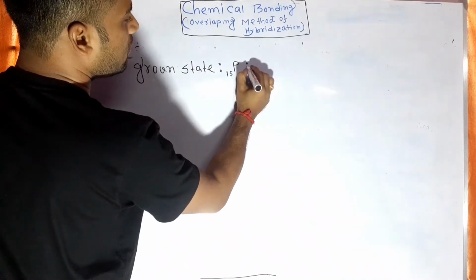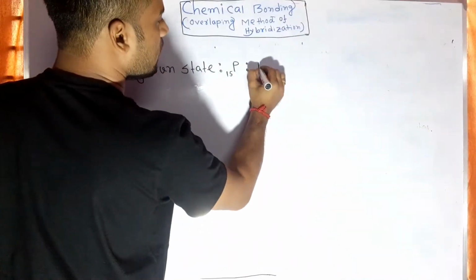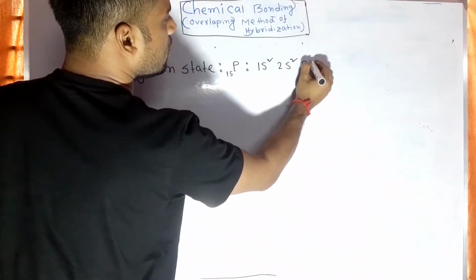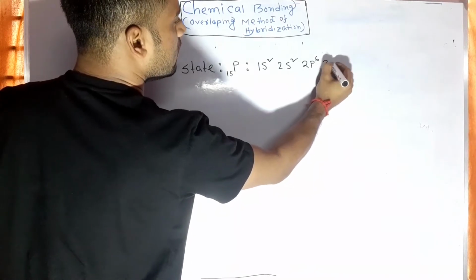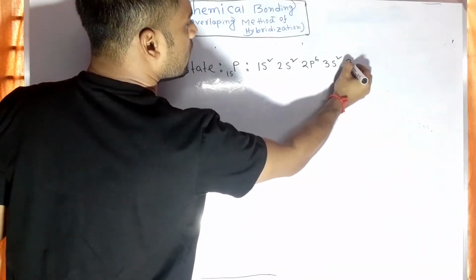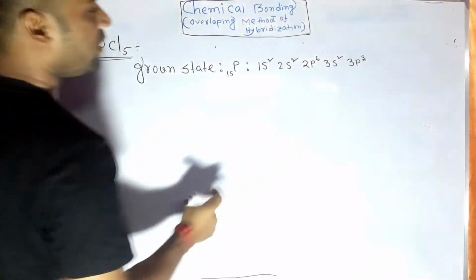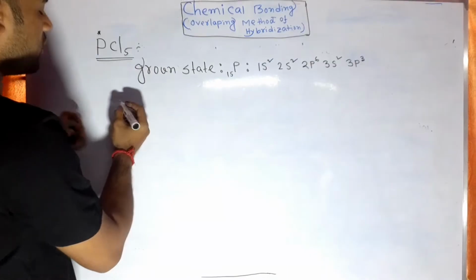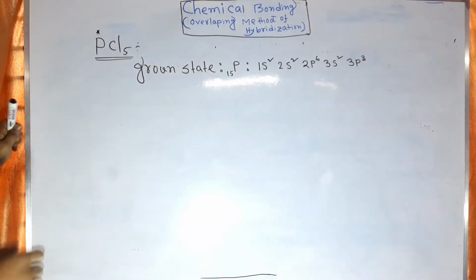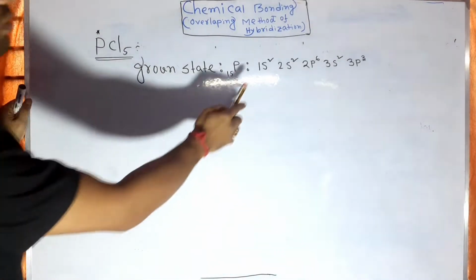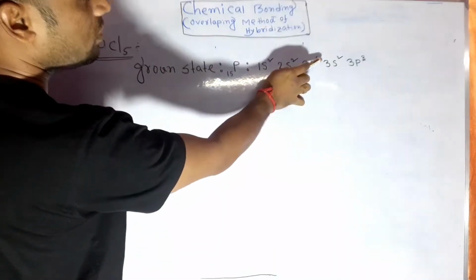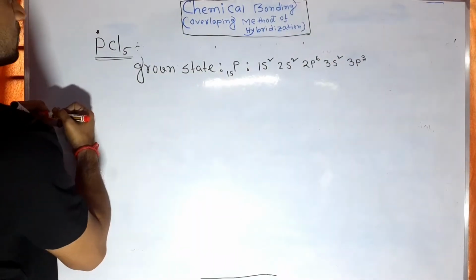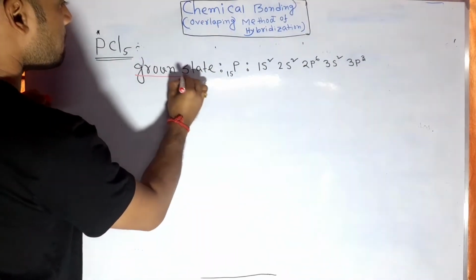So according to the Aufbau principle, the configuration is 1s2, 2s2, 2p6, 3s2, 3p3. This is the electronic configuration of the central atom phosphorus in its ground state. Total number of electrons counted: 2, 4, 6, 10, 12 plus 3, 15. This is the ground state configuration.